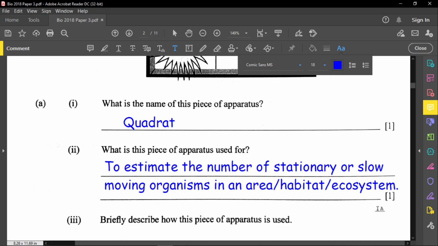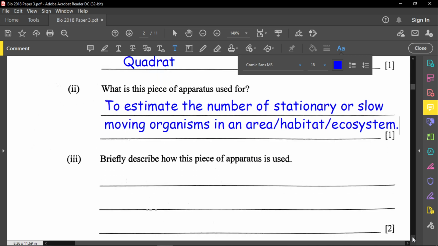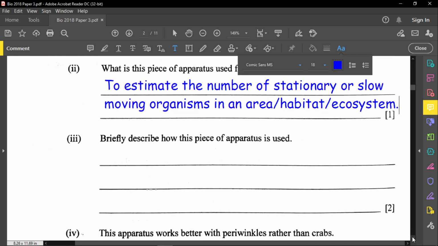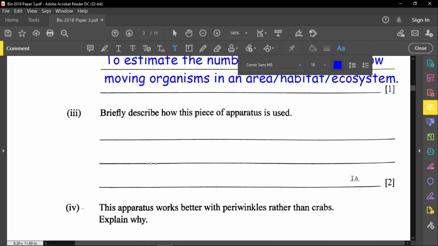All right, so let's go to part 3 of this question. Now, let's briefly describe how this piece of apparatus is used. So how do we use this apparatus? It's a 2-mark question, so again, look at the marks and use them to guide your answer.